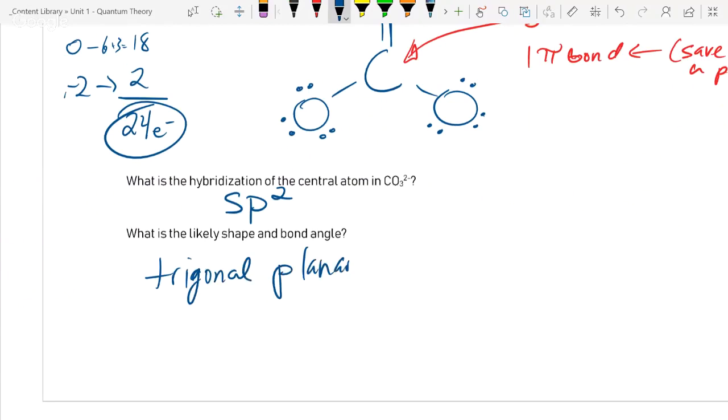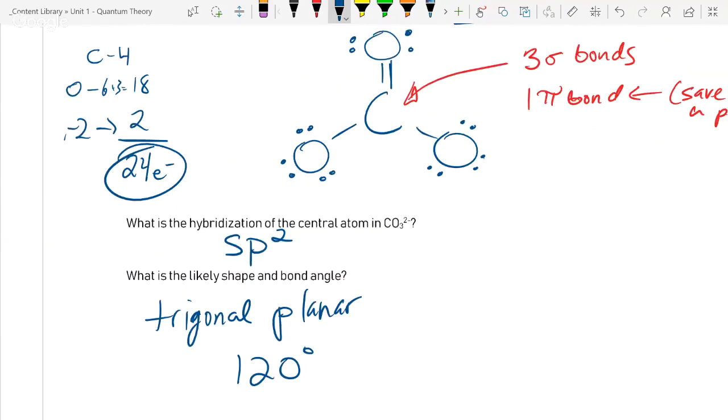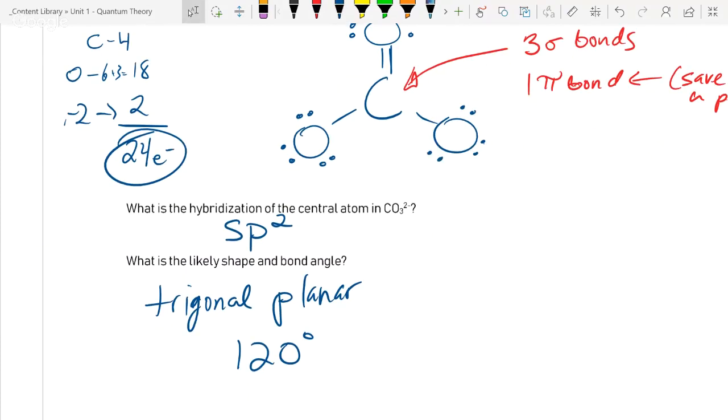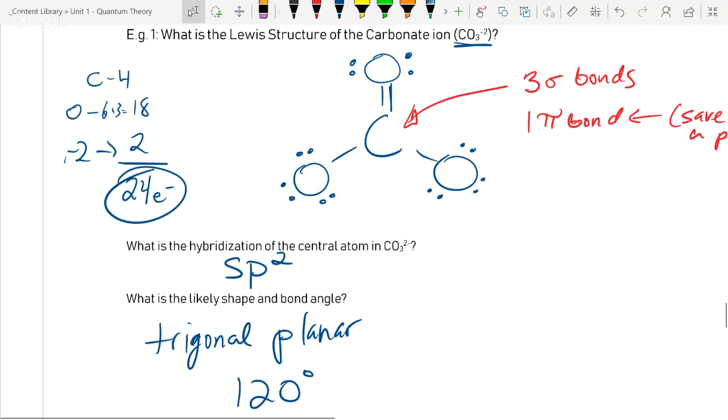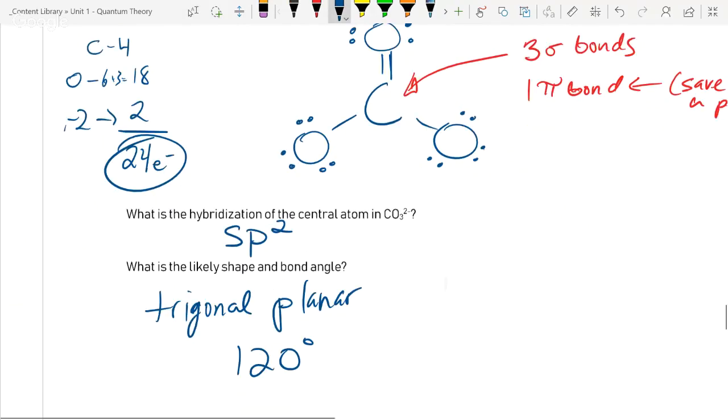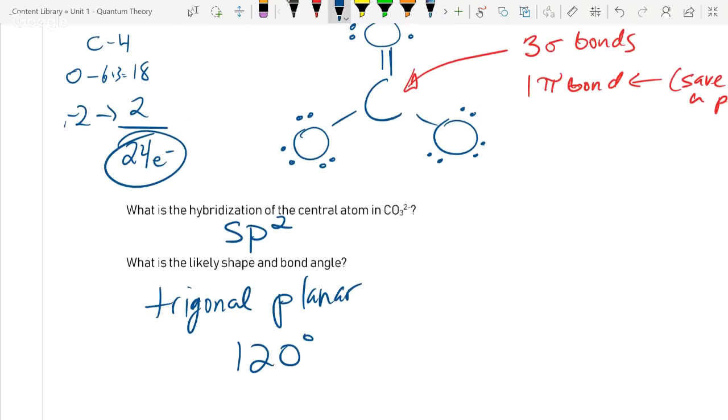Very good. Will these be exactly 120, or would we expect them to be a little bit smaller? What changes the angle from being perfect? What compresses them? Lone pairs. Does this carbon have any lone pairs? No. So for the carbon we would expect 120.